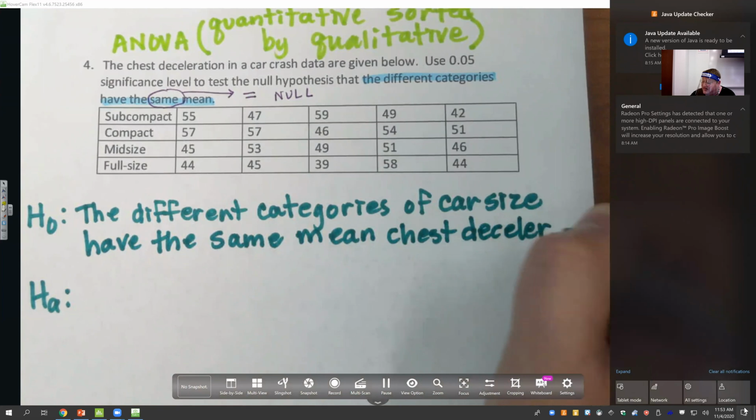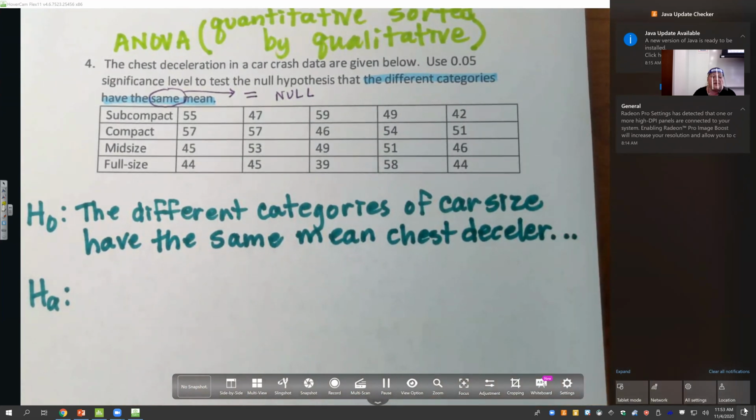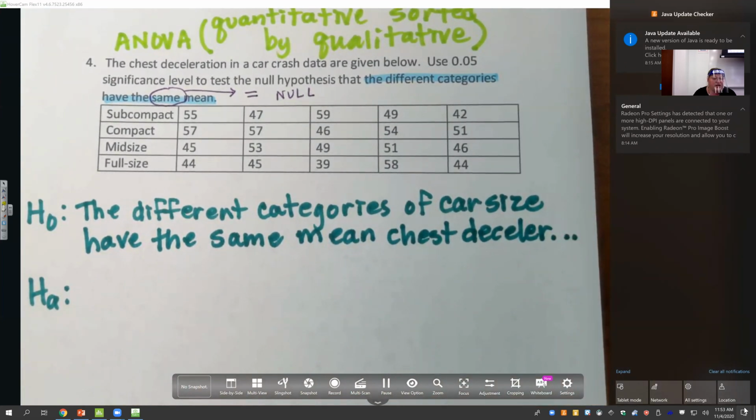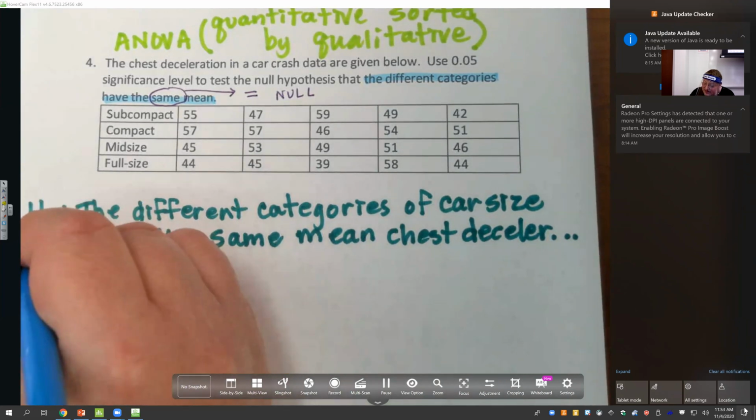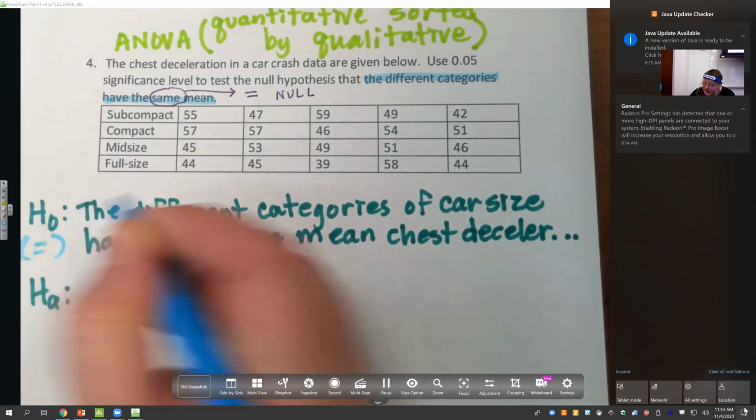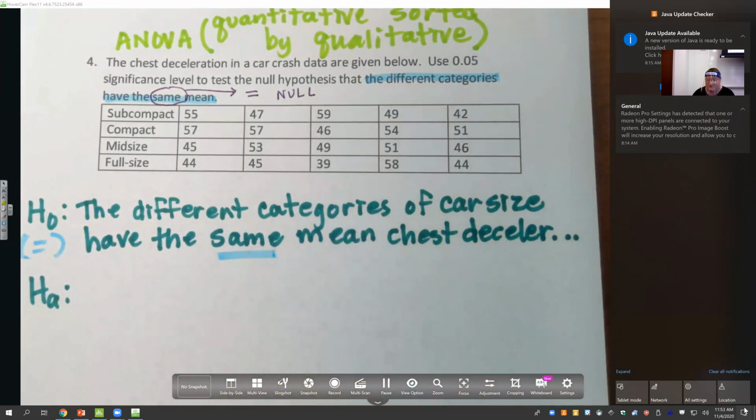Now, I added a few details in there, okay? Again, because the details are important. But that does imply that this is equal because of the word same.